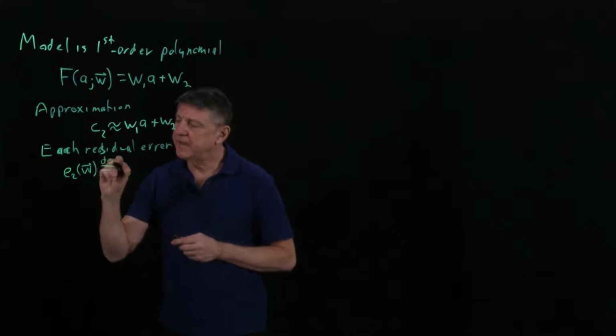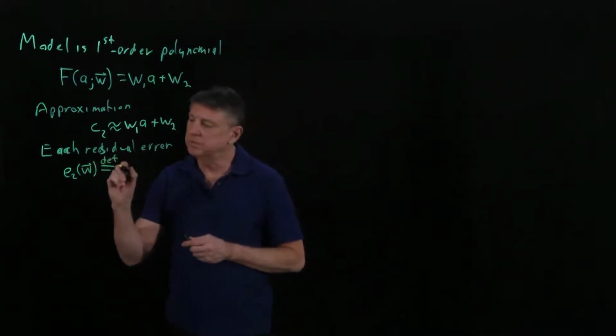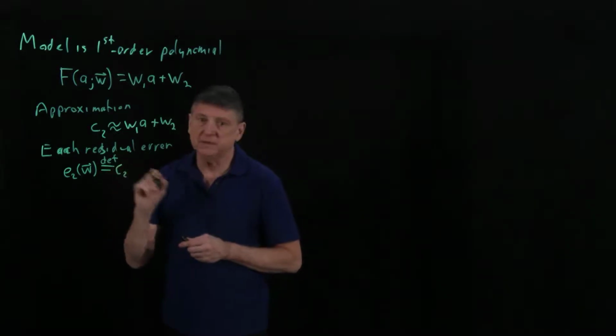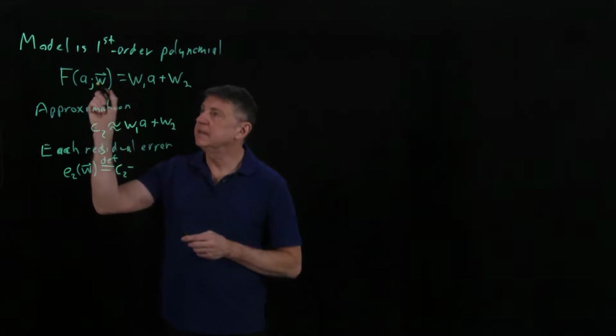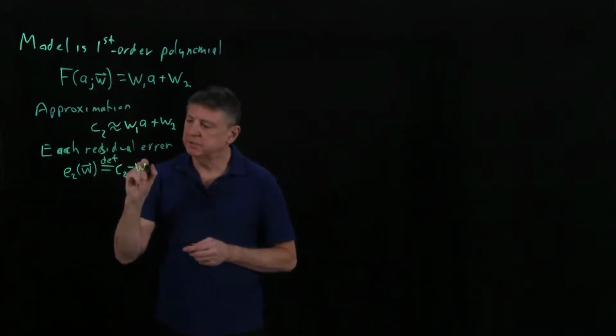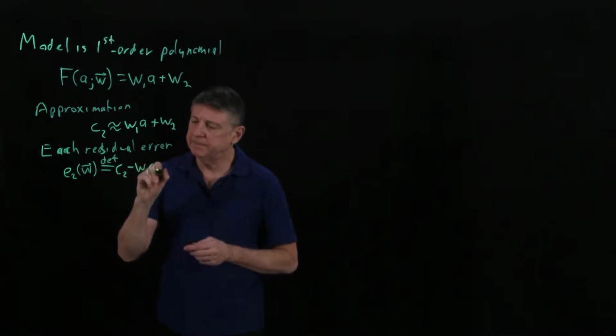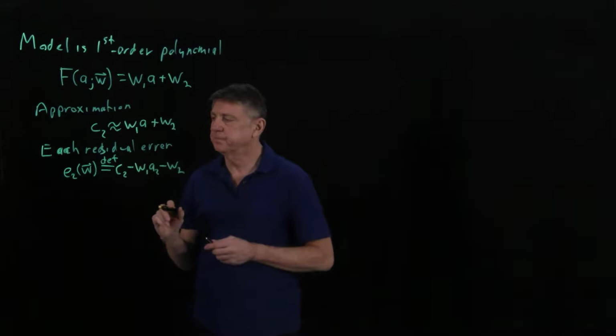And this is a real number that we compute, and it will be the dependent value minus the model, and that means it'll be minus W1 times independent observation I minus W2.